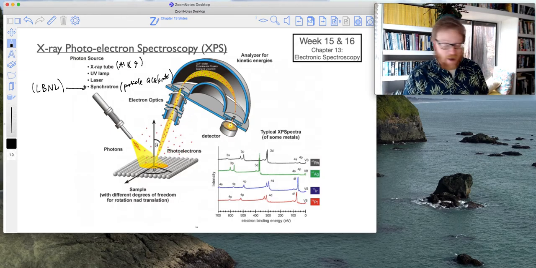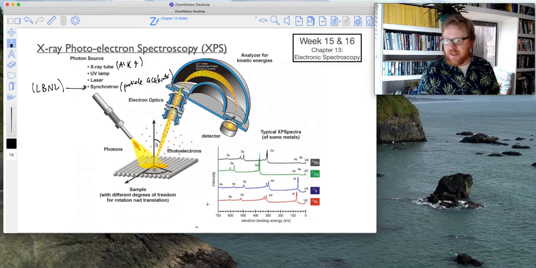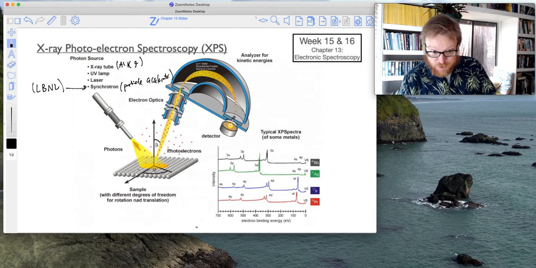So it's basically a particle accelerator that can make any frequency of light that you want. So there are a lot of really cool XPS studies going on at the particle accelerator floor, where people pump particle accelerator radiation directly into their vacuum chamber to induce photoelectron spectroscopy.